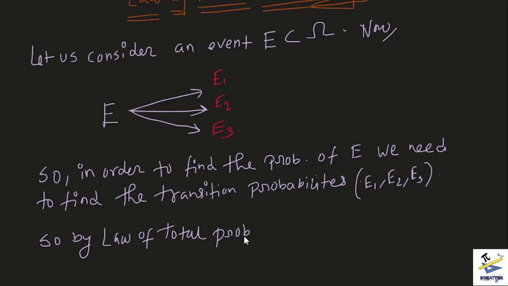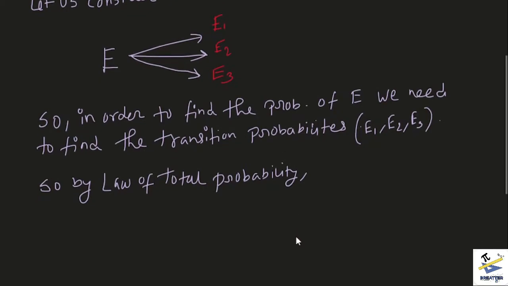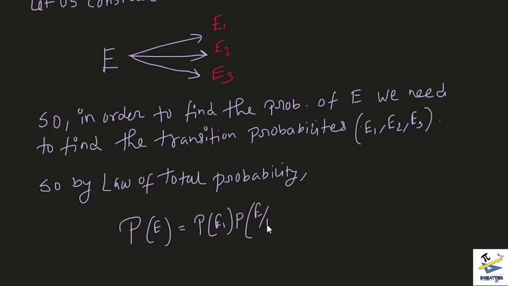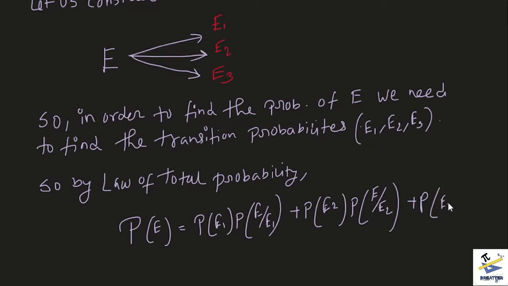which I'm going to state right now, and then I will generalize it for n events. The probability of the event E is the probability of E1 into the probability of E conditioned upon E1, plus probability of E2 into probability of E given E2, plus probability of E3 into probability of E given E3.